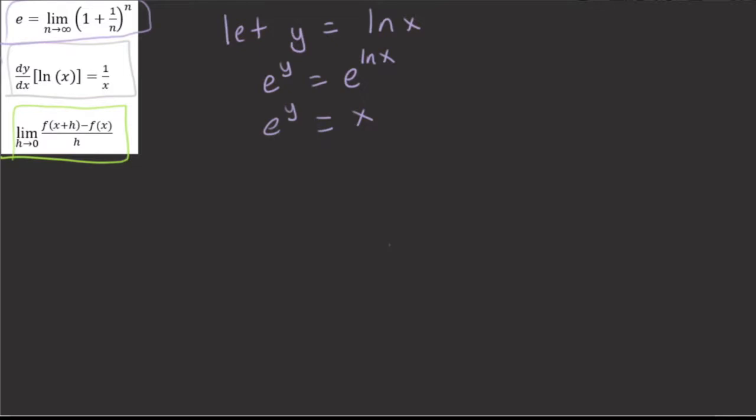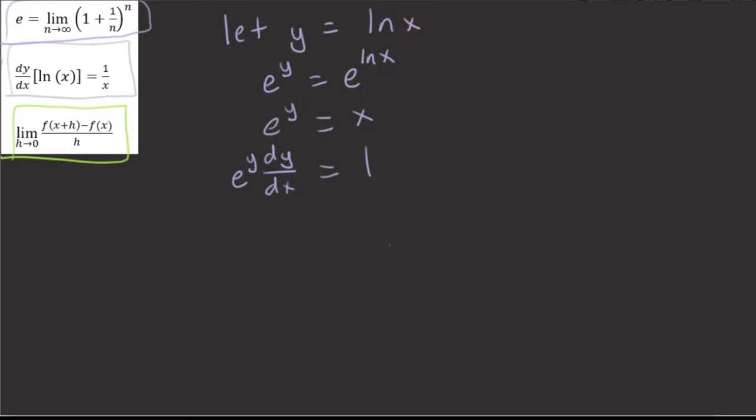Using this knowledge, we can go ahead and implicitly differentiate e to the y equals x. So if we take the derivative of the left side, we're going to have e to the y times dy dx, because remember, whenever we're doing this with respect to x, so whenever we try to differentiate y, it has to be done implicitly. And then the right side, the derivative of x, that's just going to be 1.